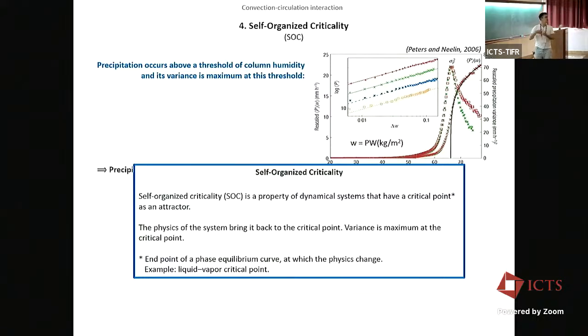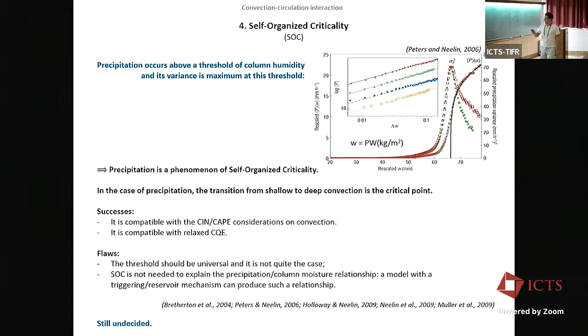And so sooner or later, you're going to get to the threshold and you're going to start having precipitation. When you have precipitation, you remove instability, so your system is going back to the critical point. So of course, our critical point here, physically, is the transition between shallow and deep convection.